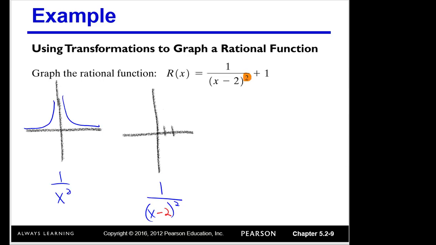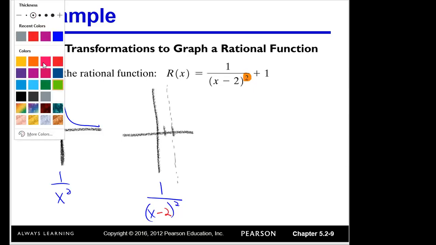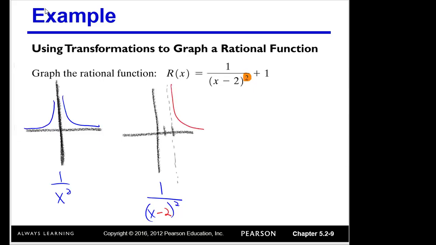So right now, my y-axis is technically the vertical asymptote, but now what you're going to have is, use gray for this, you're going to have a new vertical asymptote at 2. And so now my graph has moved 2 to the right. So now it's doing this.